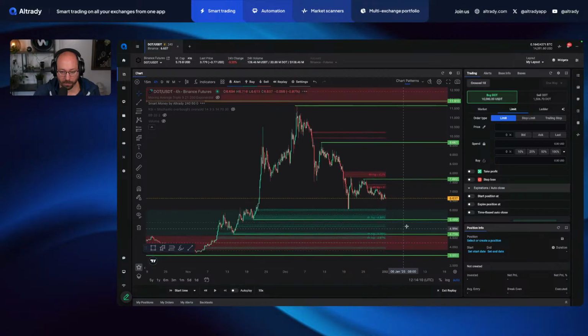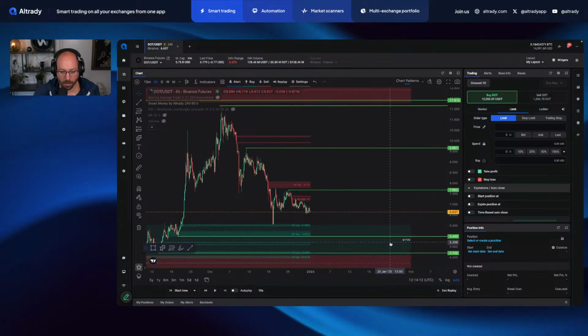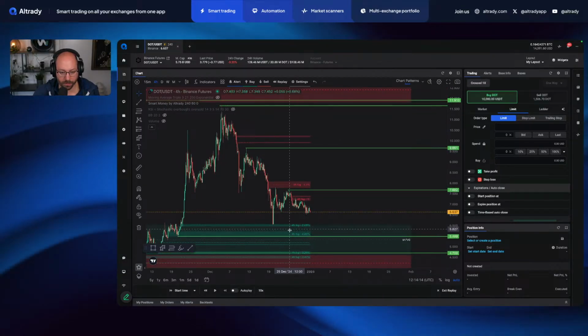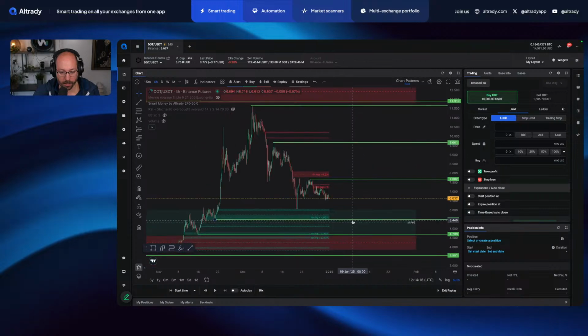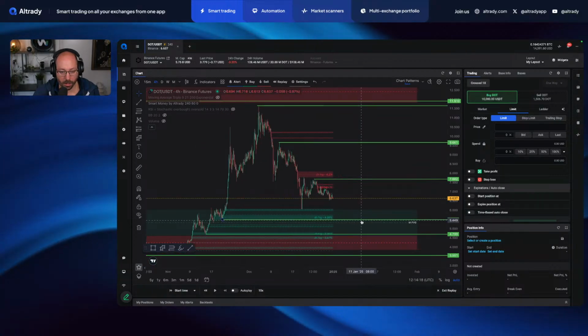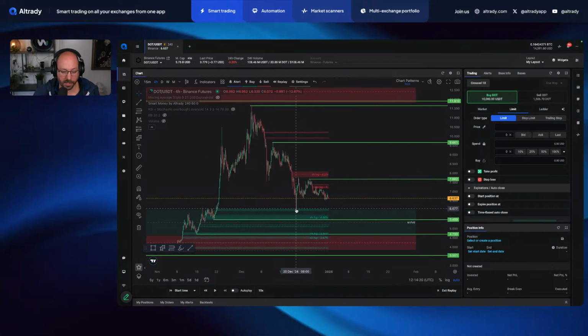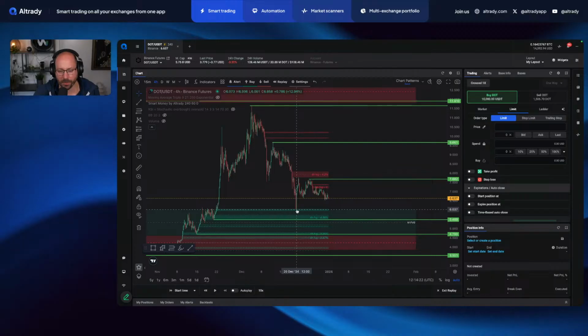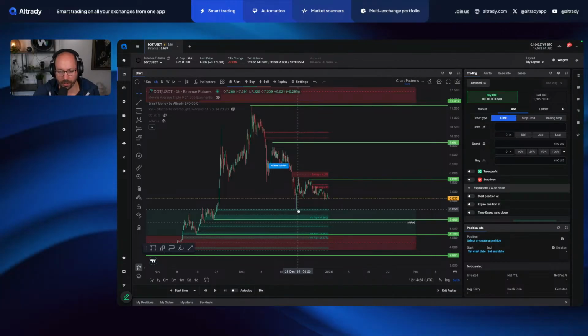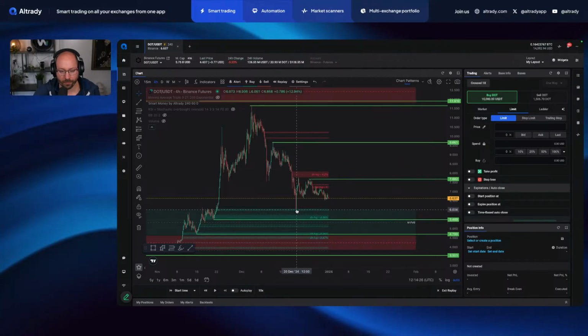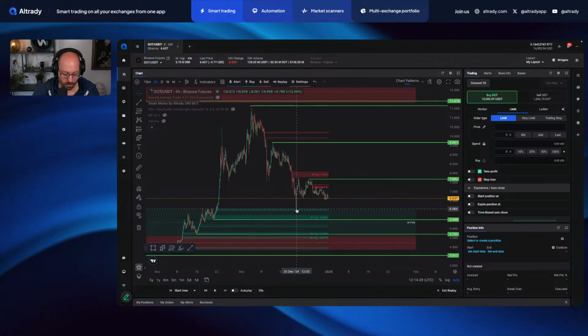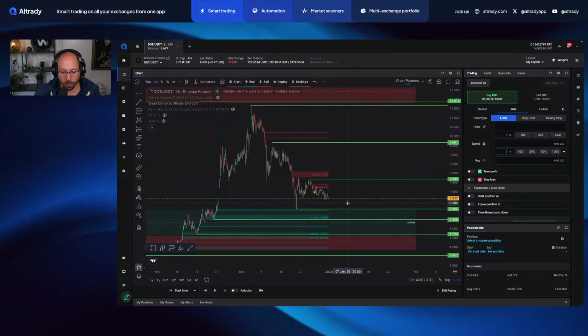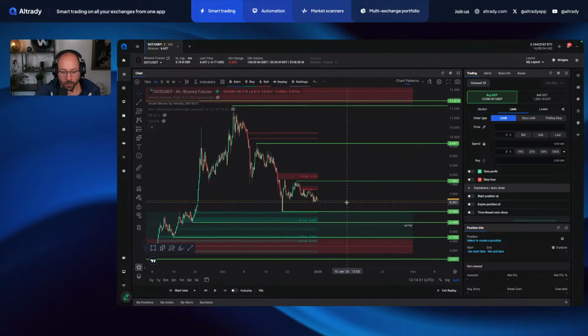We could leave the monthly fair value gap, which is just the first 4 hour here. So that's fine. Liquidity still here. Well, I suppose liquidity is more important than fair value gap, right? So in this case, it would be a good point where the price would be drawn to.